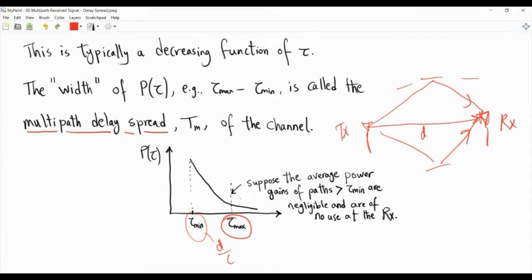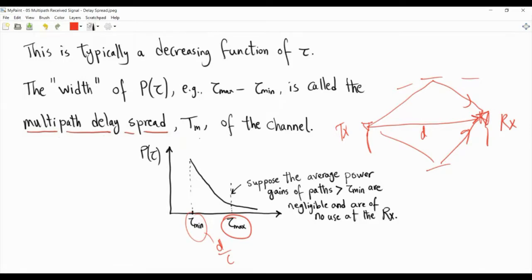So we typically assume that the delays go from some tau min to some tau max, and the difference between tau max and tau min is called the delay spread of the channel. The width of the function P of tau is called the multipath delay spread of the channel, if you want the full name.